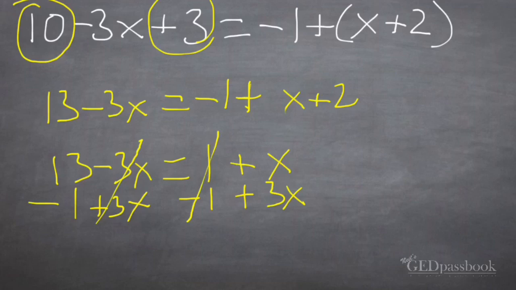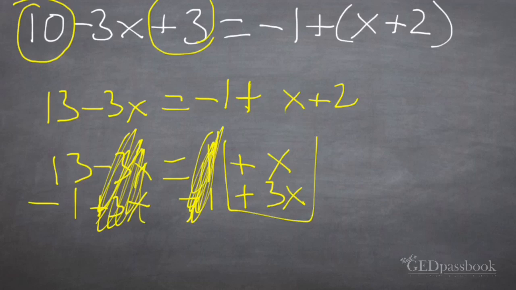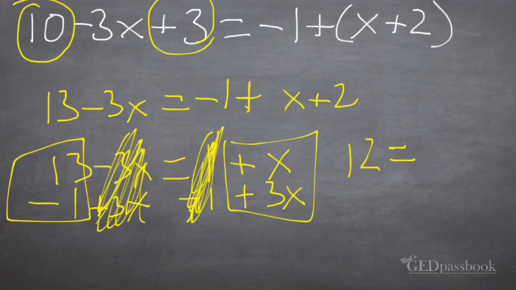If you cross all the ones that are supposed to be crossed and do the operations for the remaining stuff, what you end up getting is, on this side, 13 minus 1, 12, equals, what's 1x plus 3x? 4x, right? So good. We're moving good so far.